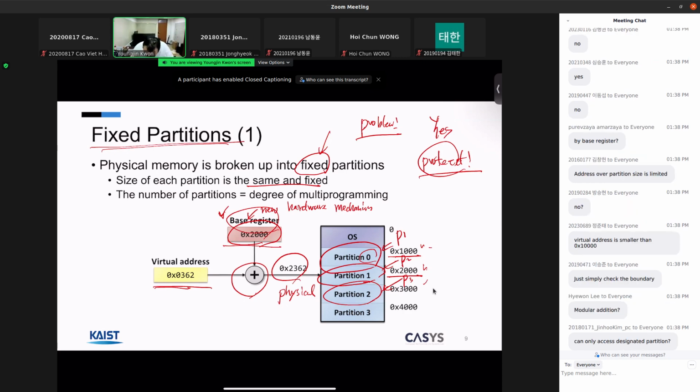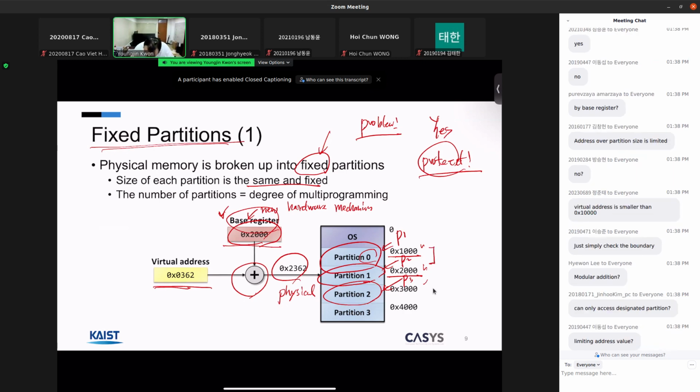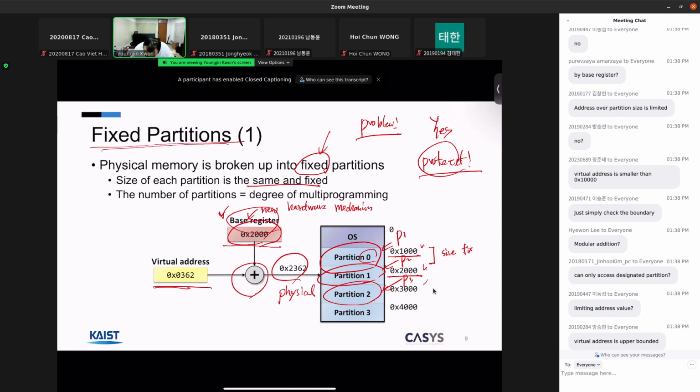Because the size is fixed. If an application tries to access an address beyond the size, for example a pointer that goes beyond the fixed size, the hardware can reject it.